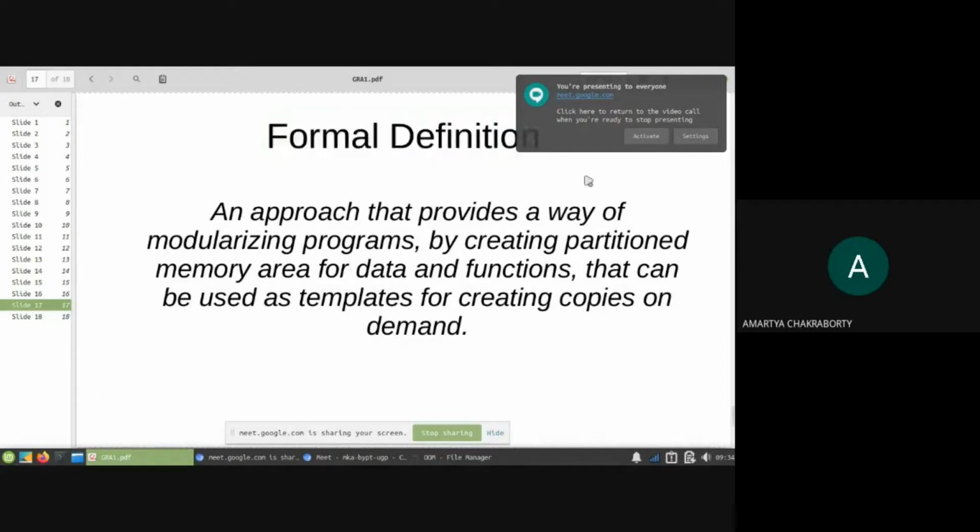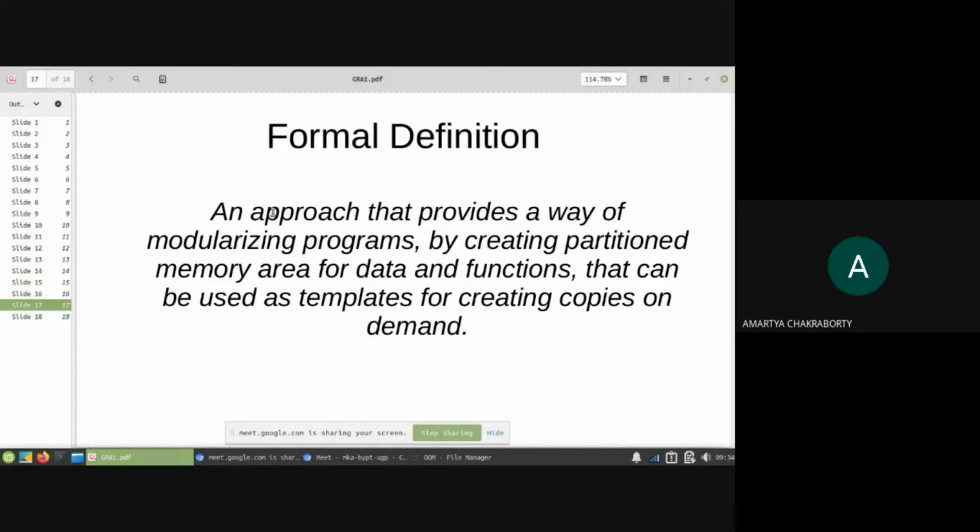So here also we will go through a formal definition of object-oriented programming. It says that object-oriented programming is an approach. This is something that we don't need to mug up; we can easily write it down by remembering. It's an approach. Very good.